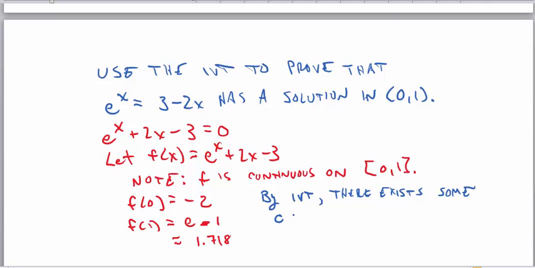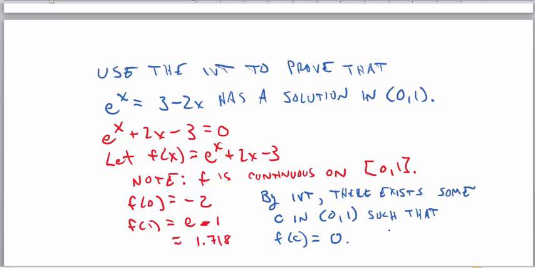some c in the open interval from 0 to 1 such that f of c equals 0. If it was negative at 0 and positive at 1, there must be some c in between 0 and 1 that makes it actually equal to 0. Because if it went from a negative to a positive, 0 in particular is between a negative and a positive. So there must be some c in that interval such that f of c equals 0.